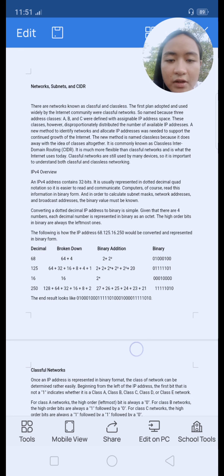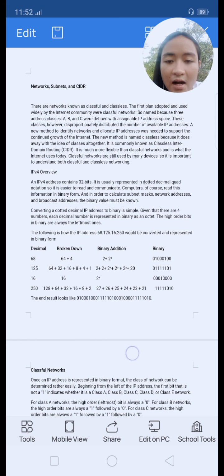And in order to calculate subnet masks, network addresses, and broadcast addresses, the binary value must be known. Converting a decimal IP address to binary is simple, given that there are 4 numbers. Each decimal number is represented in binary as an octet. The high-order bits in binary are always the leftmost ones.